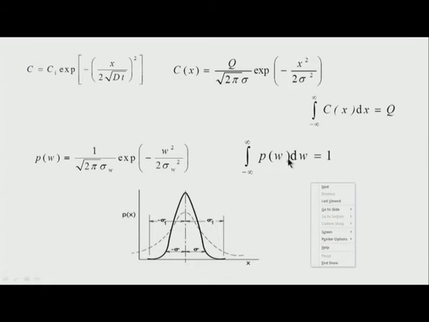What does this signify? Let us say I have a distribution function which is peaked over here, shown by the black line. The standard deviation goes from minus sigma on the left-hand side to plus sigma. The area under this whole curve is 1.